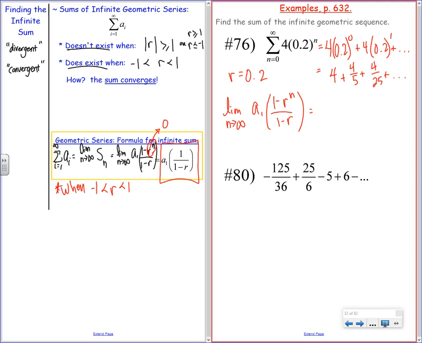A sub 1, I already know that's 4, based on what I can see, times 1 minus, who's my r? 0.2 to the n, all over 1 minus 0.2.